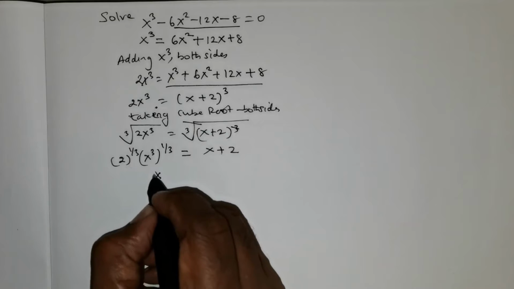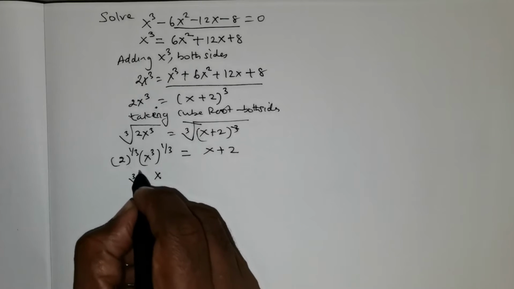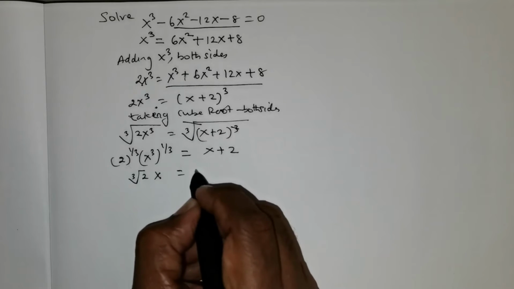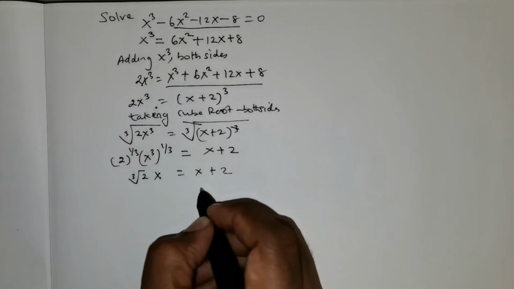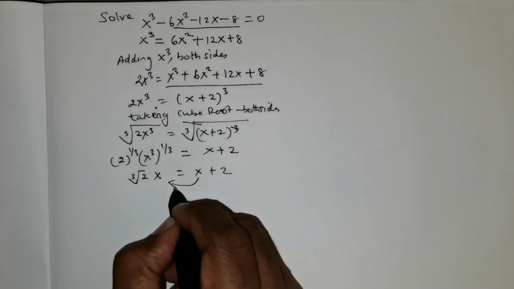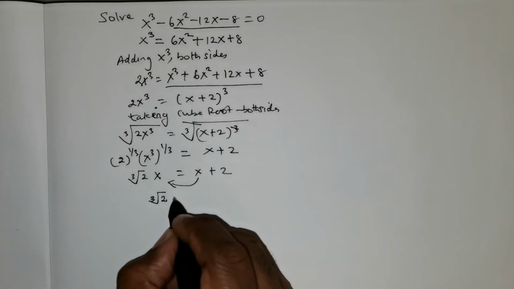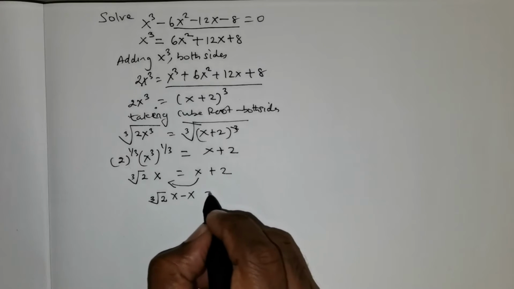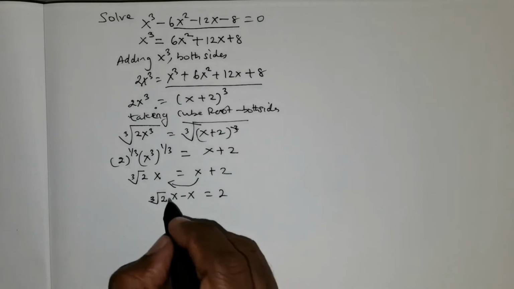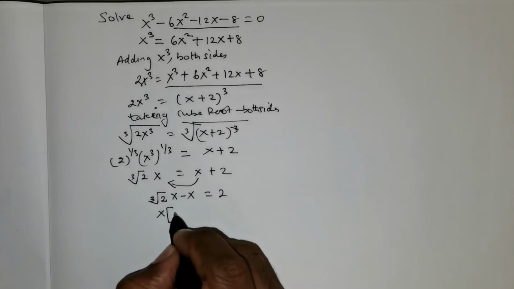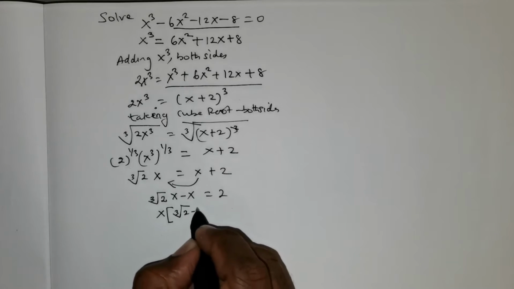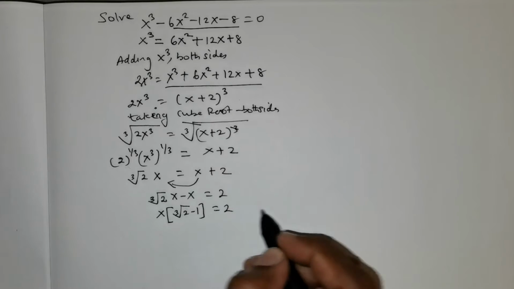This is going to be x, but this is going to be third root of 2, equal to x positive 2. Moving x to the left, I would have third root of 2 times x, negative x, is equal to 2. I take x out and that would give me (third root of 2, negative 1) times x is equal to 2.